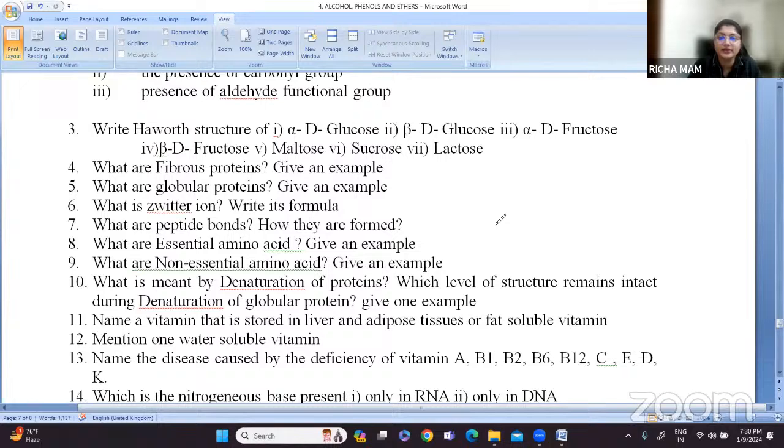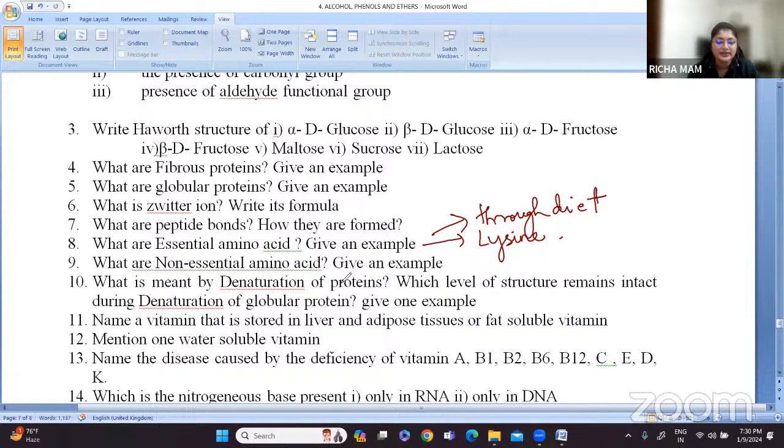Along with the diet we have to take these. The example for essential amino acid is lysine.